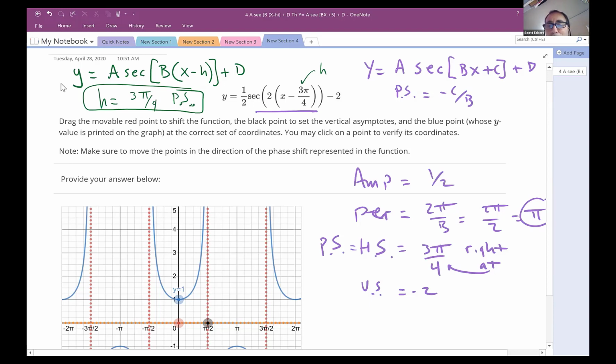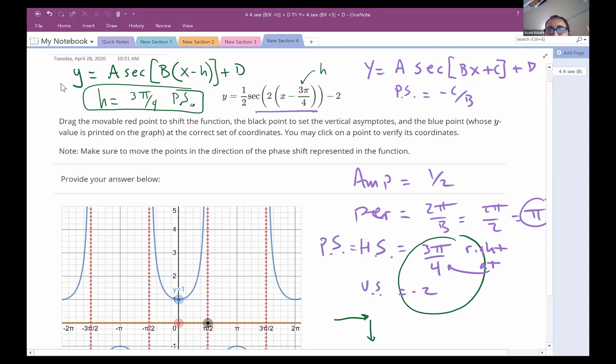Okay, so now we just need to go back to Newton and make all these adjustments. So we've already established that we're going to have to do the phase shift. So we're going to have to go over 3 pi fourths and down 2. So we'll make sure we got that shift.